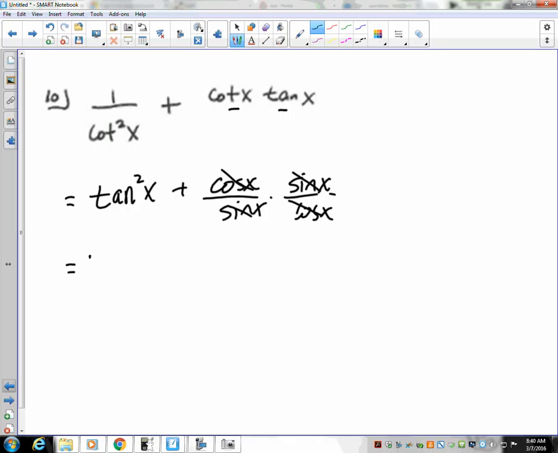And so I've got tangent squared. If you changed everything to sine and cosine here, you probably realize that wasn't really going to get you anywhere. So it's better to leave that as tangent squared. This way, now I have my Pythagorean identity. So I'm going to use my Pythagorean identity here that tangent squared plus 1 is equal to secant squared.